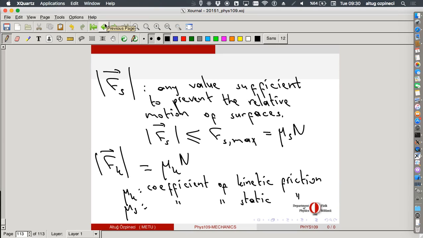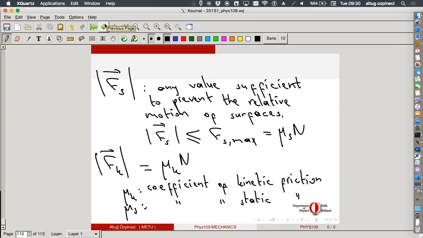Why is the kinetic friction force constant? Why is the kinetic friction coefficient constant? Well, when you say constant, it is constant within certain ranges. If I just take this object and let it slide on top of this one, it's almost constant.